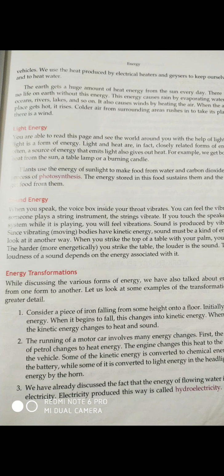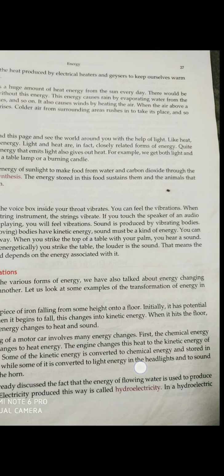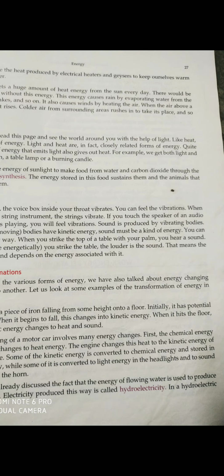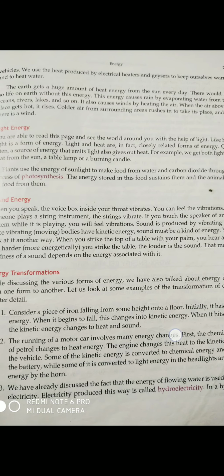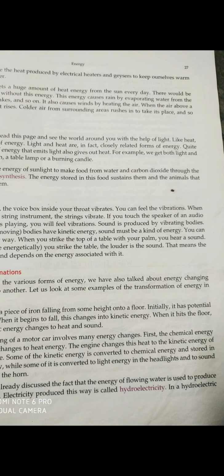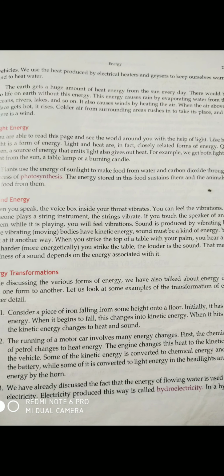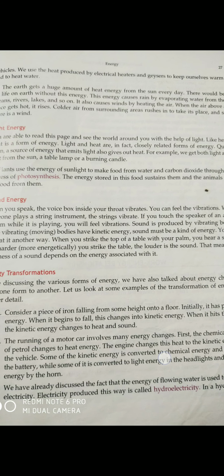And then some of this kinetic energy is again converted to chemical energy, and it is stored in the battery which is connected in the car. Some of it will be converted into light energy because the headlights will be there, and sound energy, that we are using the horn, that sound energy we are again obtaining from it, right?